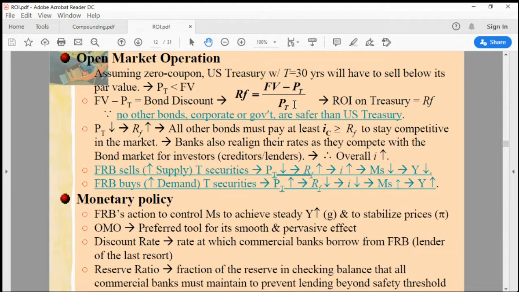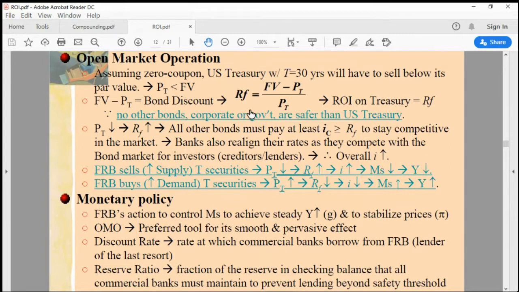You have to pay that $500 to invest in this bond. The cost or initial investment and capital gains, that's the return on investment. In other words, this is the holding period return. But this holding period return has a special designation: the risk-free return.